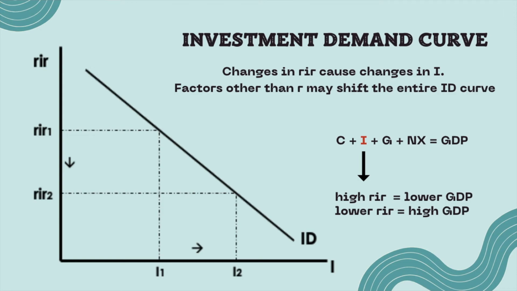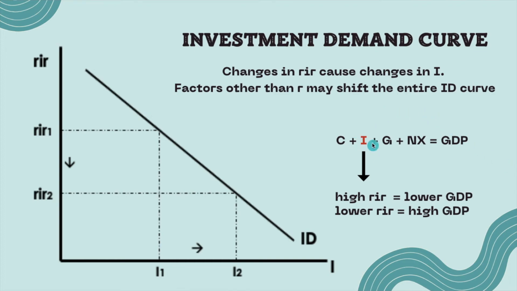That means I is lower and real GDP is lower, so the tendency is for high real interest rates to lead to a lower level of output, whereas lower levels of the real interest rate lead to greater investment spending, and so lower RIR leads to higher levels of output, higher GDP.